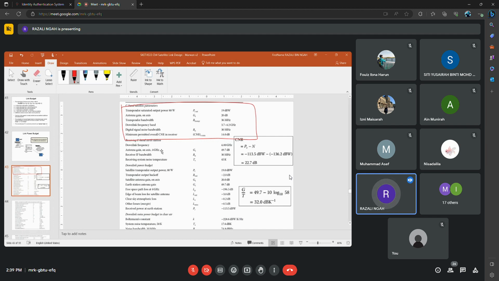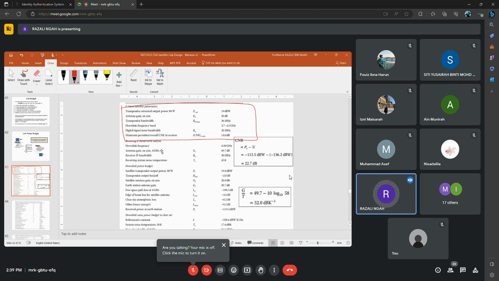In this slide, the transmitter is on the satellite. Okay, we have the C-band satellite parameter. We have the transponder. You can see the words saturated output power. So it doesn't matter whether it's a station or a satellite. PT or transmitted power is normally given as saturated output power.